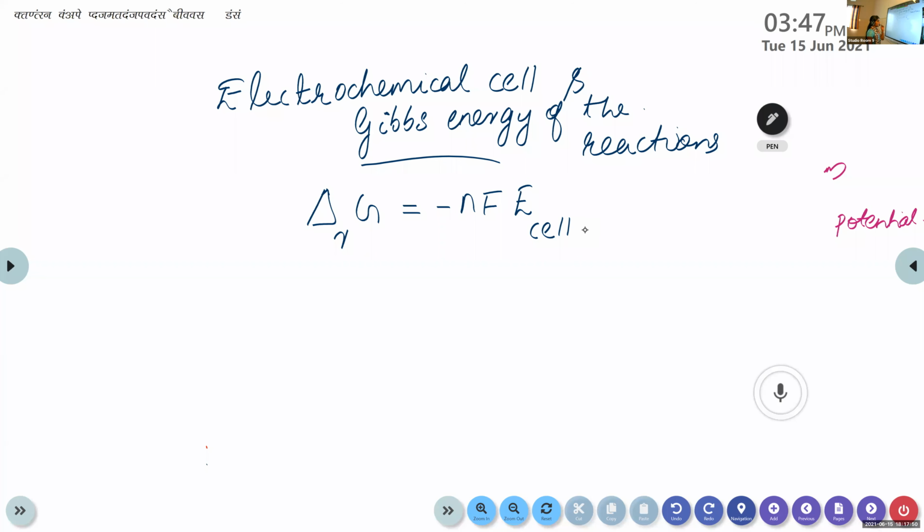This is the equation that relates the Gibbs energy with the cell potential. You only need to learn this equation and we can apply it in different types of electrochemical cells.